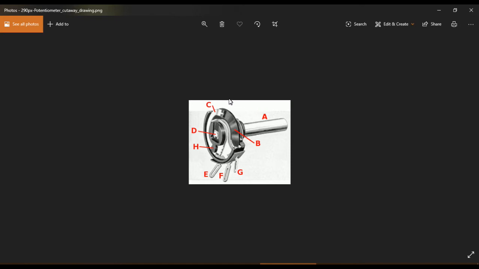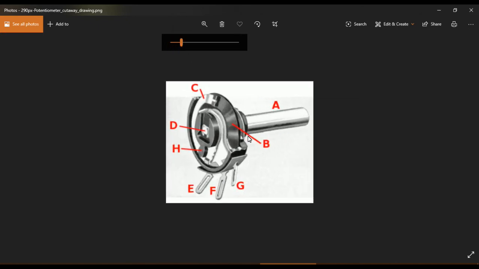Next, this is the inside mechanism of a rotary type potentiometer. The shaft is connected to the wiper, which moves over the carbon plate. The two ends of this carbon plate are connected to the G and E terminals. The resistance value between G and E is always fixed, and if you rotate the shaft, as a result the wiper moves over this carbon plate.